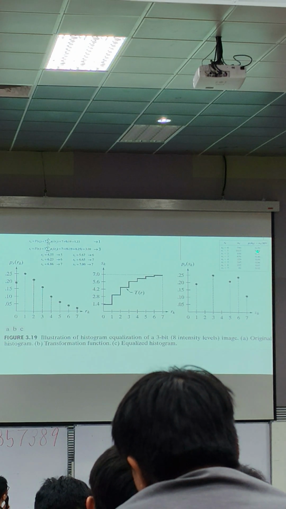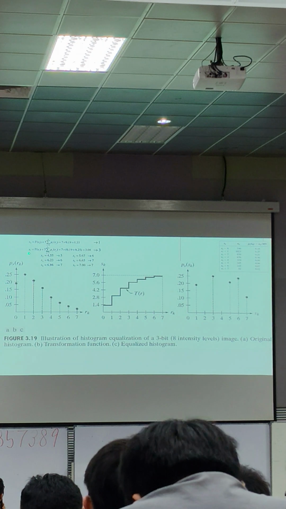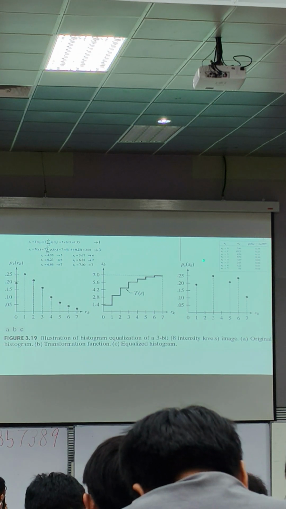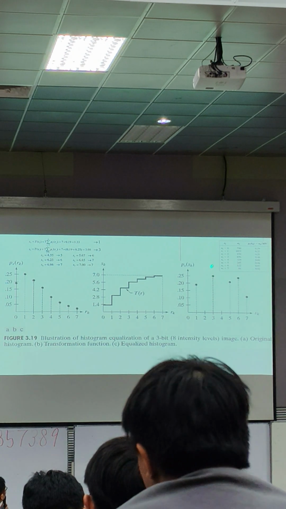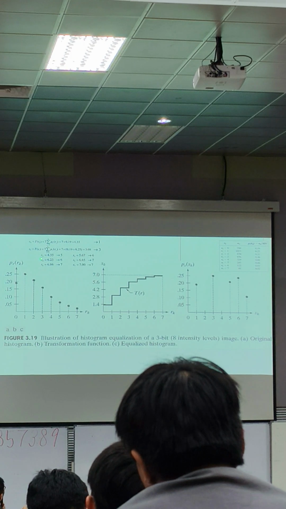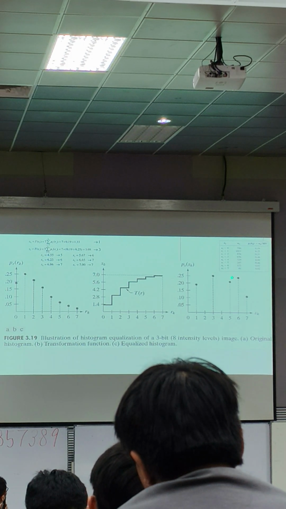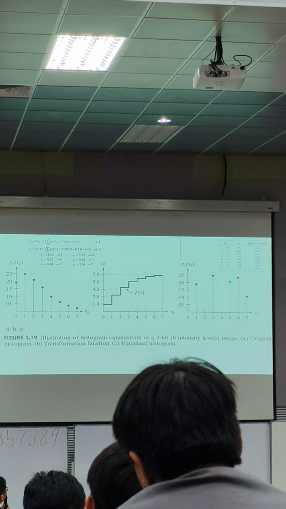Yeah, sorry, this one, yeah. 3 is coming from 1. So pixel value 1, 0.25. Take it here. 5 is only coming from 1. So it's 2. So 2, 0.21. Mark it here.